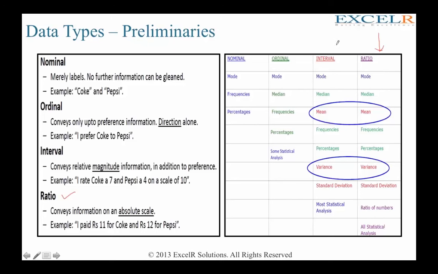The richness of analysis that you can perform would increase from nominal data to ordinal data to interval to ratio. So the first preference should be given to ratio data and the least preference should be given to nominal data, because you can perform a lot of analysis if ratio data is provided to you.